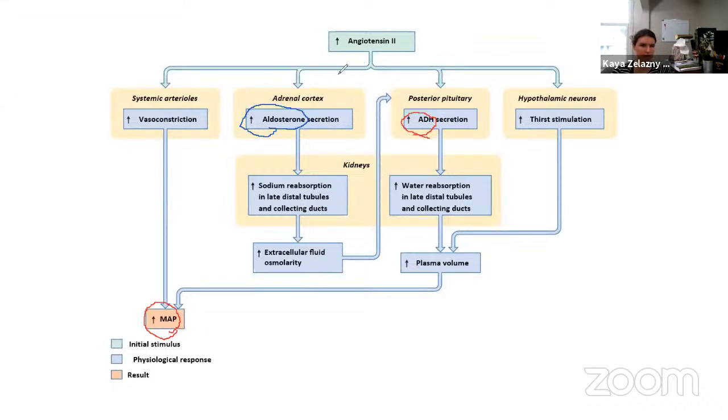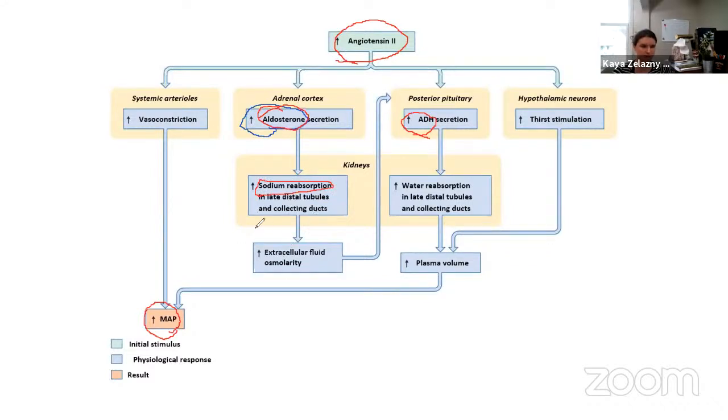So it kind of moved backwards, right? This RAS system that ends in creating angiotensin 2 and aldosterone increases sodium reabsorption in the kidneys. So really what we're doing here is making the plasma saltier.